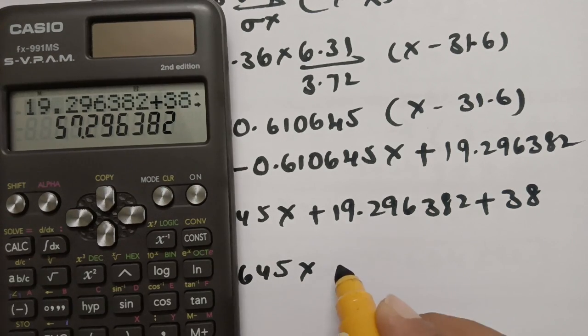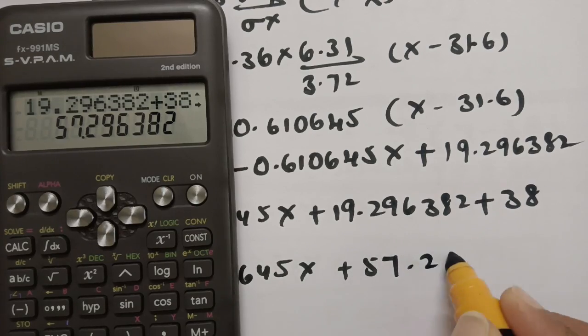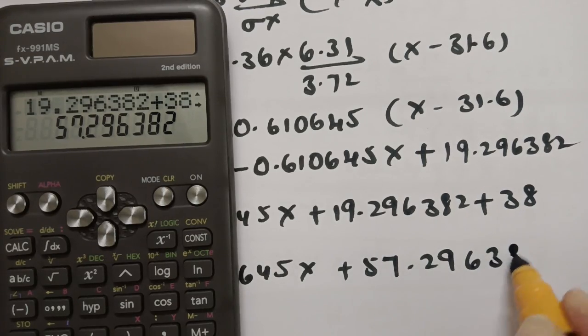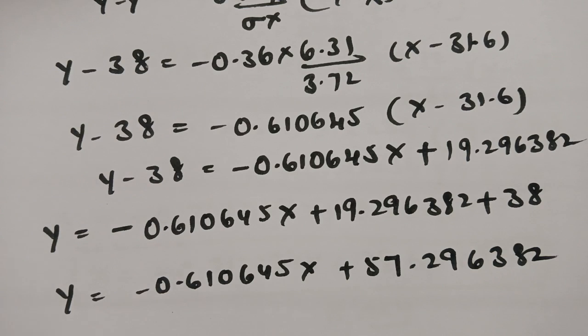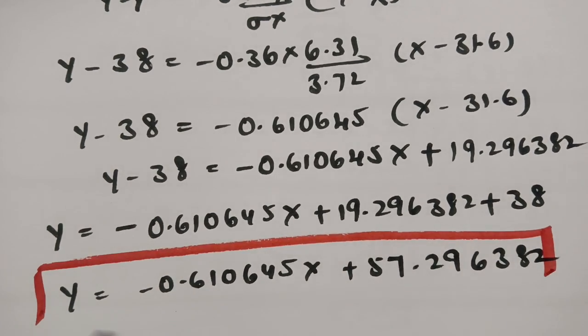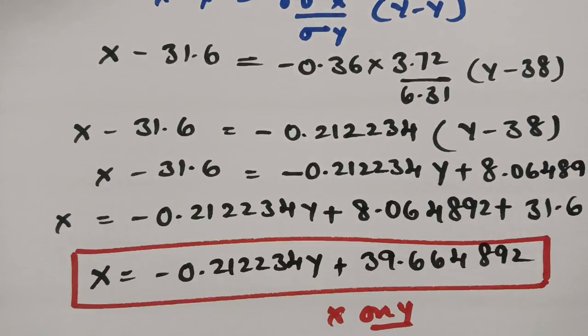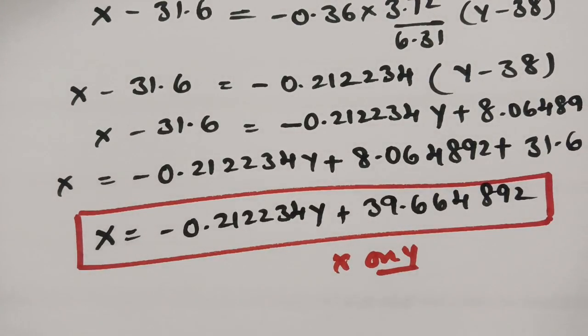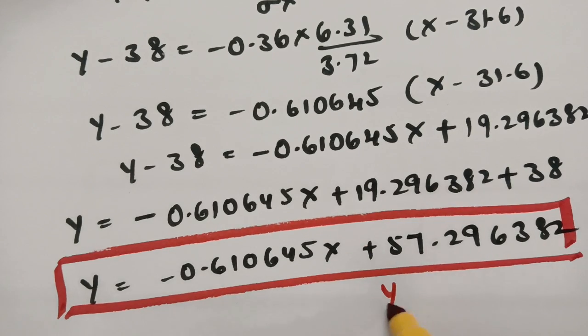The value here will be 57.296382. So this is how we have to calculate the regression lines of x on y and y on x. This is the second solution here. The first one is x on y, and the second equation is y on x.